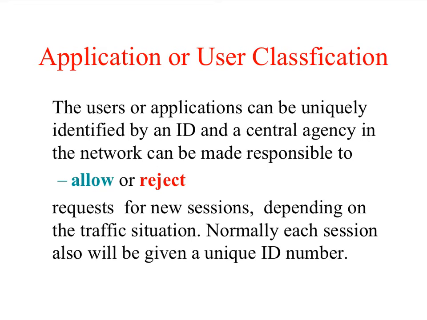So if this application is generating traffic and the ID of the application tells me that this application has certain priority, I can allow or reject this application from coming to the core network, or allow it but with certain bounds on the delay, which are the quantified quality of service parameters that we talked about.